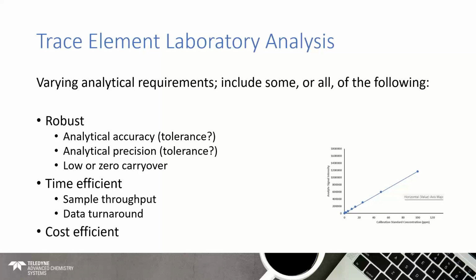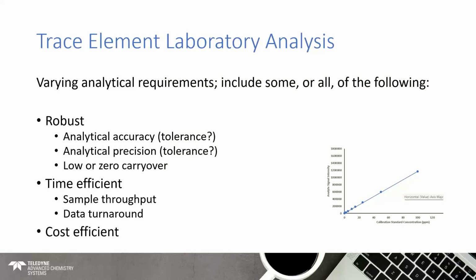Time efficiency as well. So sample throughput and data turnaround. This is going to vary again from lab to lab, but in the case of some laboratories, sample throughput is going to be an important thing, and data turnaround is going to be an important thing as well. So for some laboratories, they might receive samples that they then need to report on within 24 to 48 hours.